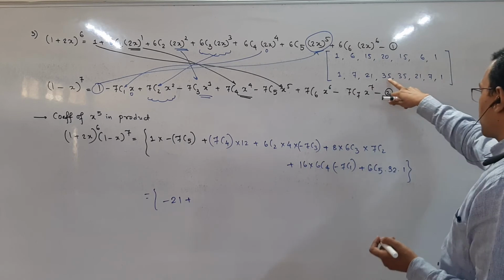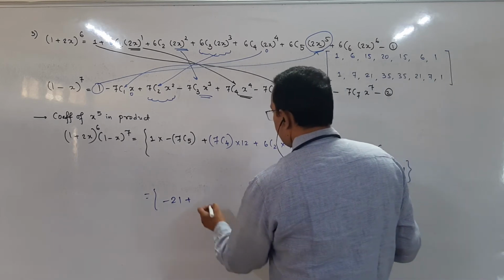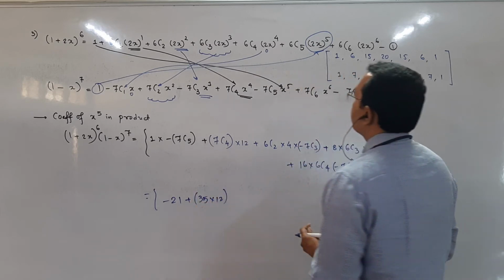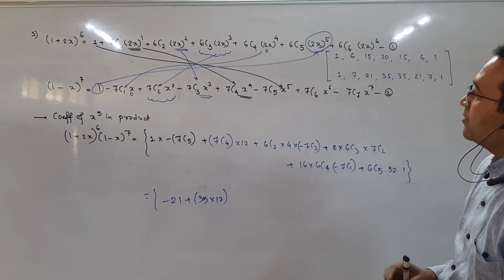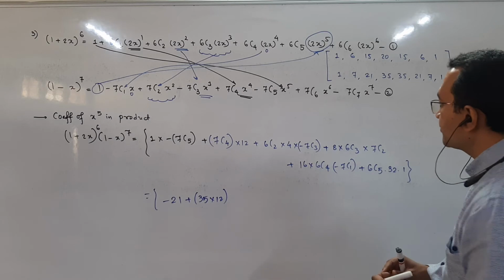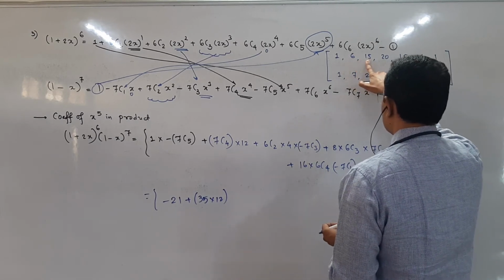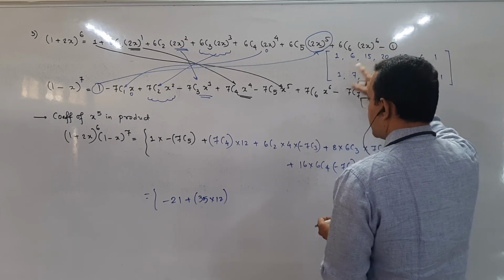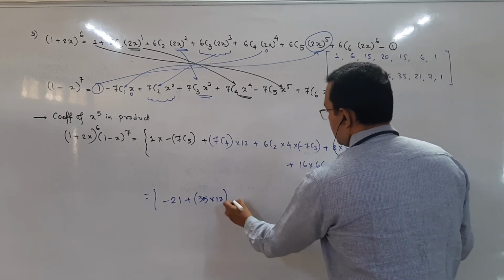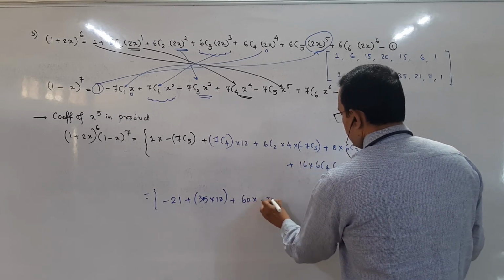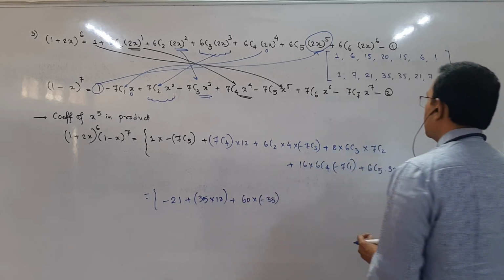Now 7c4, 35 into 12. This is 6c2, so 15, 15 4s are 60 into 7c3 is 35, so minus 35.